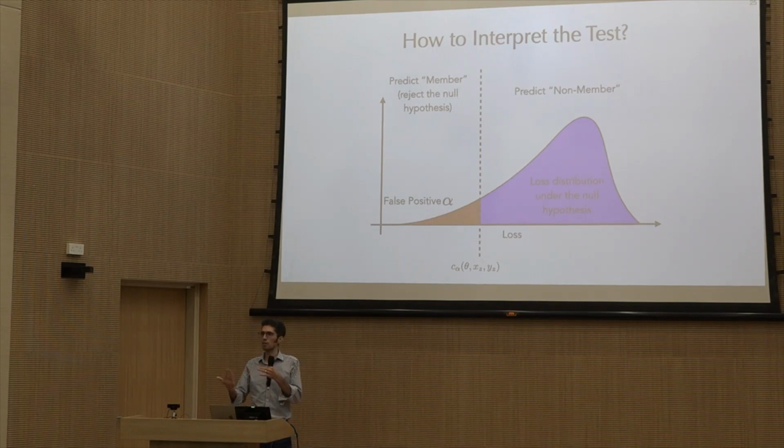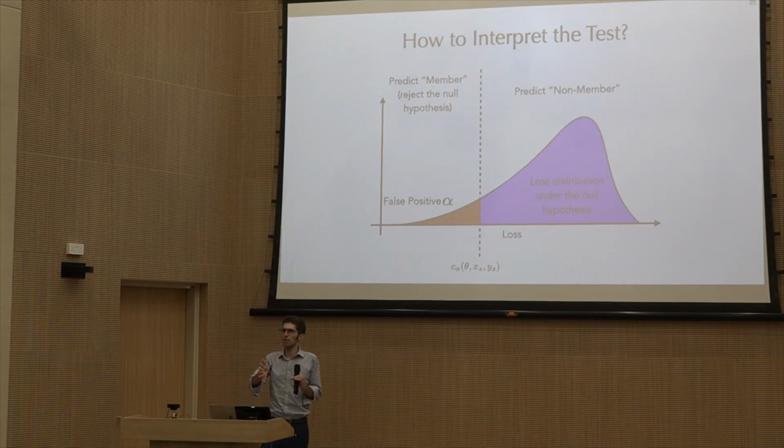That's the connection between the threshold and the false positive error. Does it all make sense? It was easy because at first I fixed the threshold, and then I looked at the distribution over the population data, non-members, and saw which part is contributing to the error. I know the alpha. But the challenge is that we don't have that.